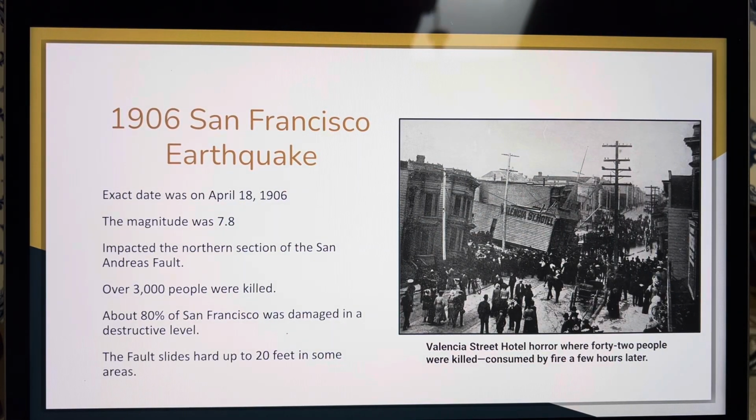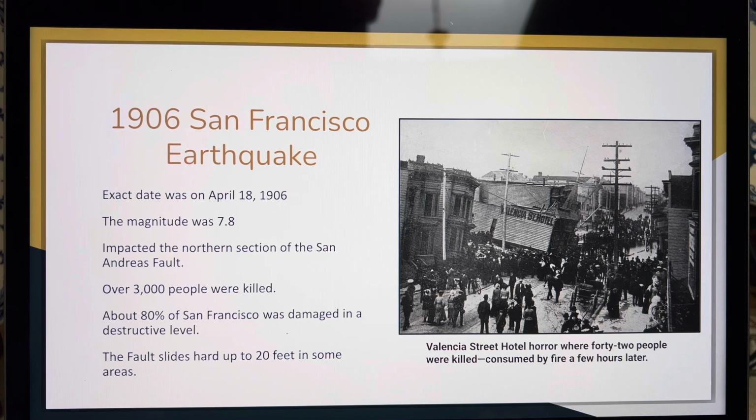A little bit of the historic side of past earthquakes is the 1906 San Francisco earthquake. It happened on April 18 of 1906. The magnitude was 7.8, which is pretty high.